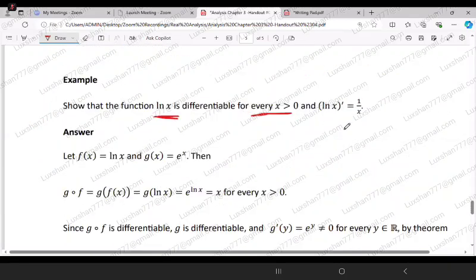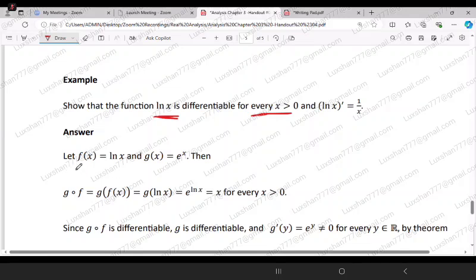Okay, there are different methods. Sometimes you can use the limit definition, sometimes you can use the sandwich theorem, and sometimes you can use the composition theorem. Whatever works, you can use it. It depends on the question, on what they are asking. Now, to show ln x is differentiable, we are going to use the composition rule.